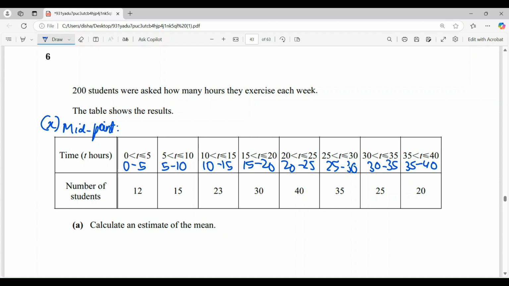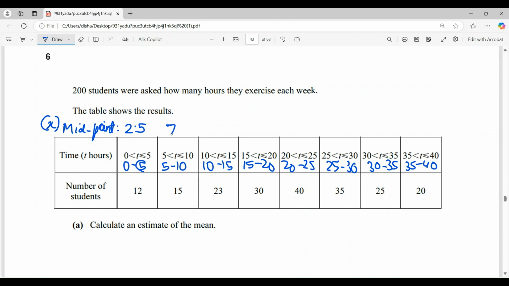So what is the midpoint of 0 to 5? 2.5. How can we find it if you don't know? If the numbers are big, you can add the upper limit to the lower limit and divide by 2. For example, 5 to 10. So 10 plus 5 is 15. 15 by 2 is 7.5.